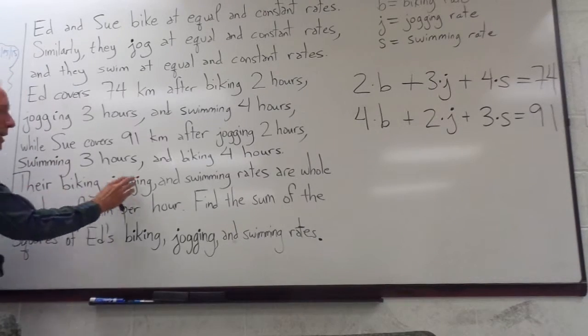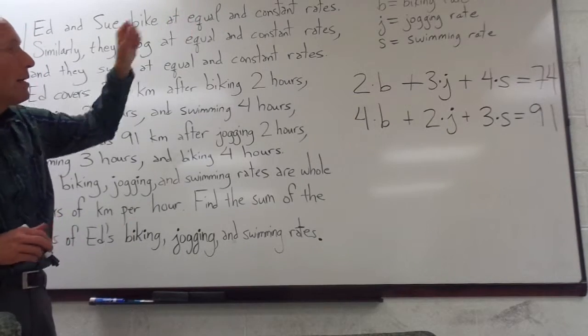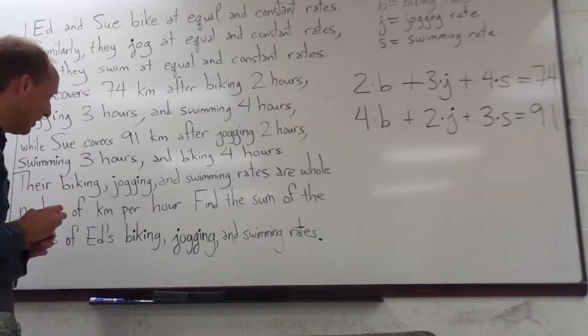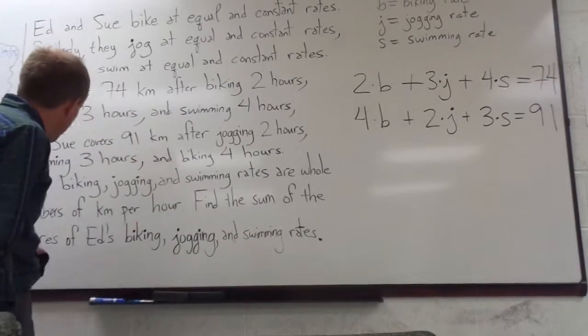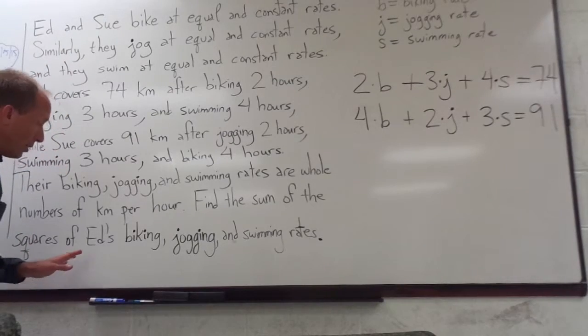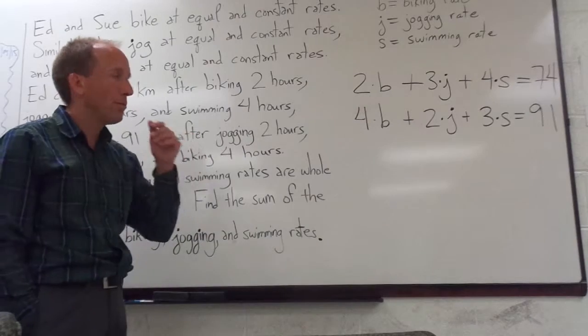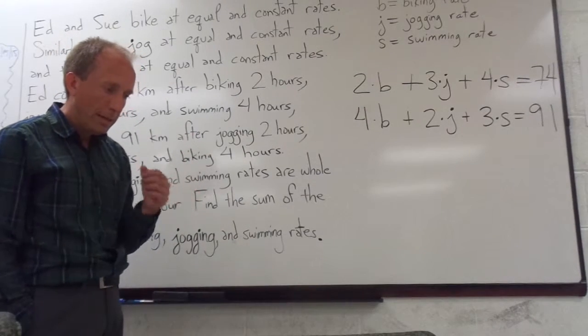Their biking, jogging, and swimming rates are whole numbers of kilometers per hour. So that just means that B, J, and S are whole numbers. Okay? That's going to be important, actually. And the final question then says, find the sum of the squares of Ed's biking, jogging, and swimming rates. Well, what is that? The sum of the squares.